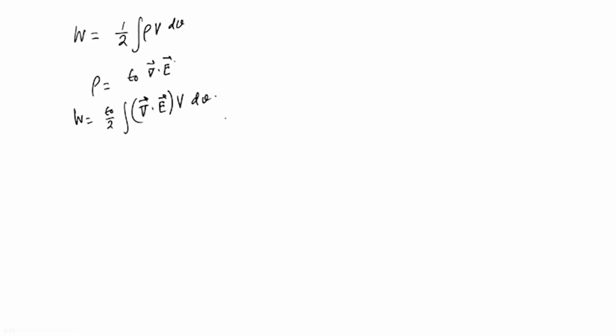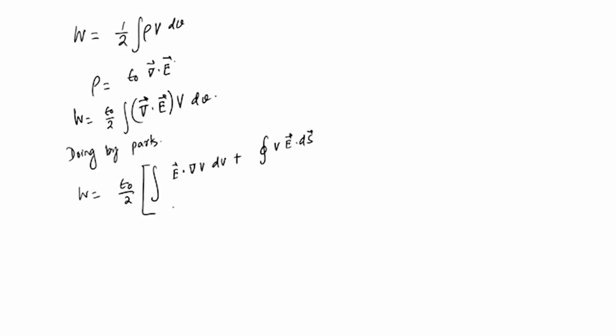And if you need to integrate this, then you do integration by parts. So, W is equal to epsilon 0 by 2 of E dot del V dv plus another term, V E dot ds, that is the surface term, and so on.